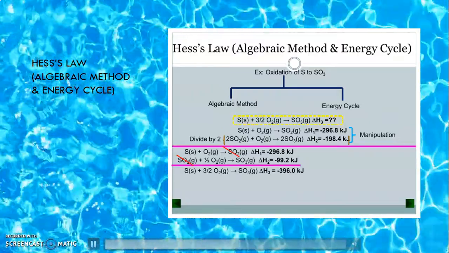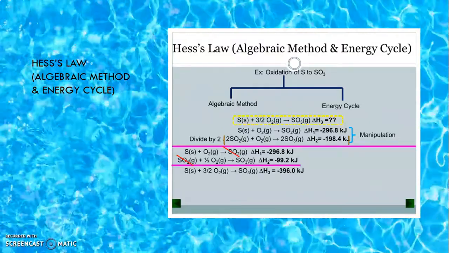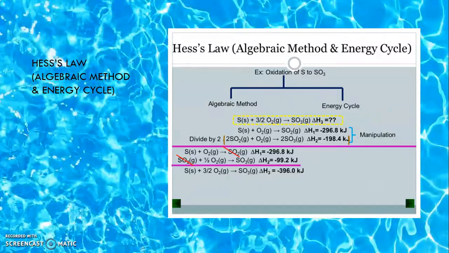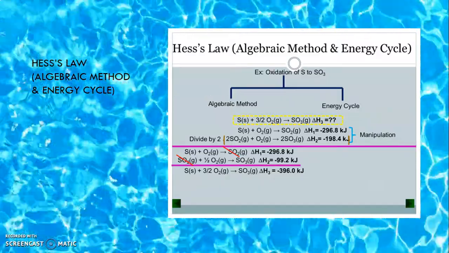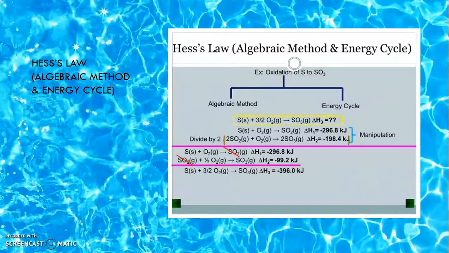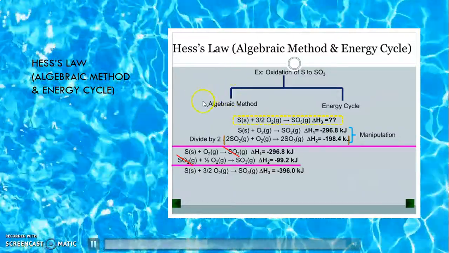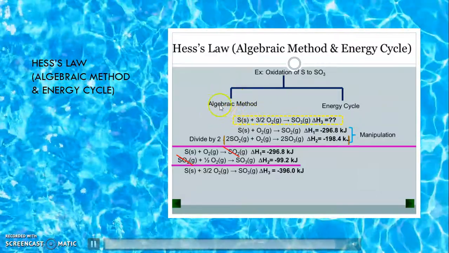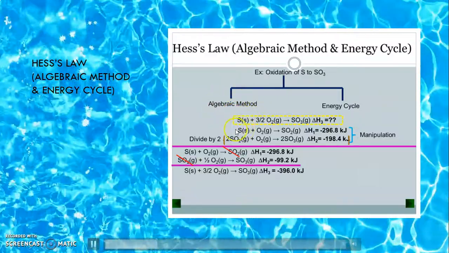Now, the simplest method that you can use to calculate the enthalpy change of a particular reaction based on the available data is the algebraic method, which I am sure you will remember, whereby we use the available data.